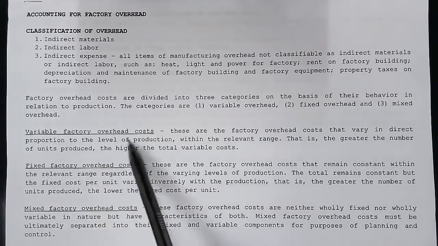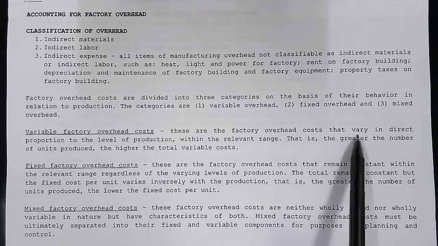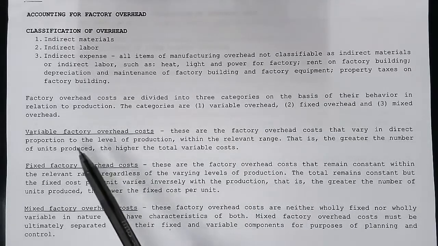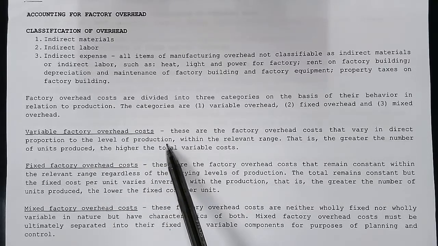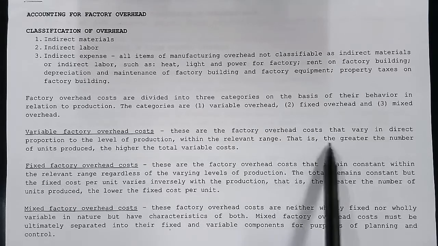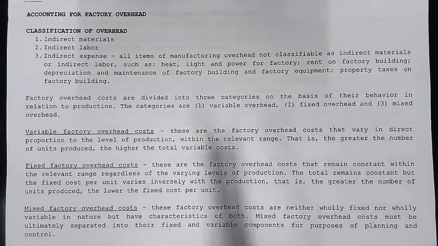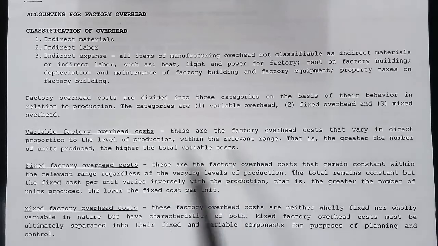Variable factory overhead costs. These are the factory overhead costs that vary in direct proportion to the level of production within the relevant range. That is, the greater the number of units produced, the higher the total variable cost.